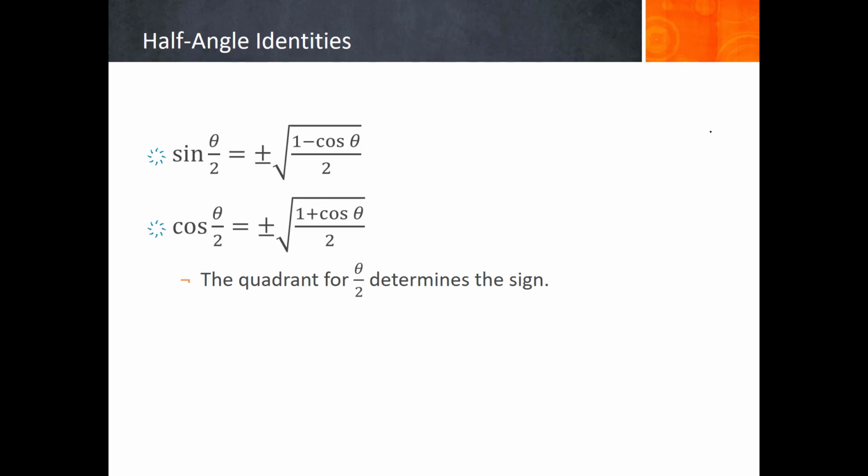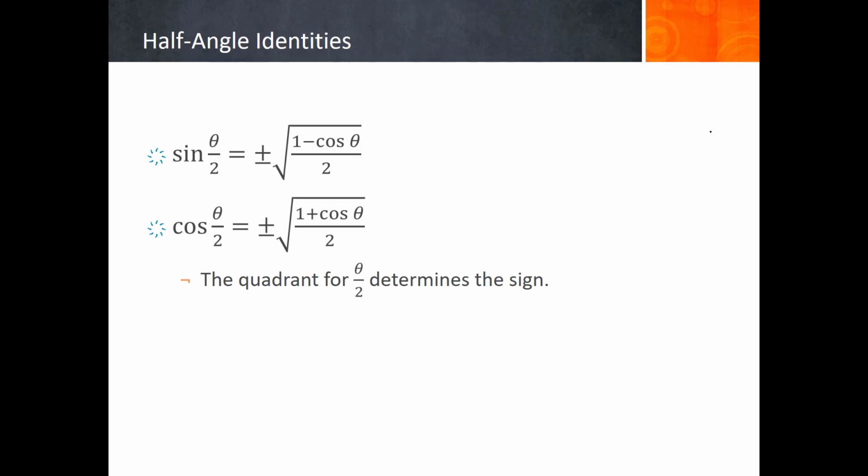What I mean by that is if, say, the angle you're taking the sine of is originally in the fourth quadrant, well, half of it is going to put it into the second quadrant. And so whether sine is in the fourth or the second quadrant changes whether it's positive or negative. So we have to play around with that a little bit, and we'll look at some examples here.